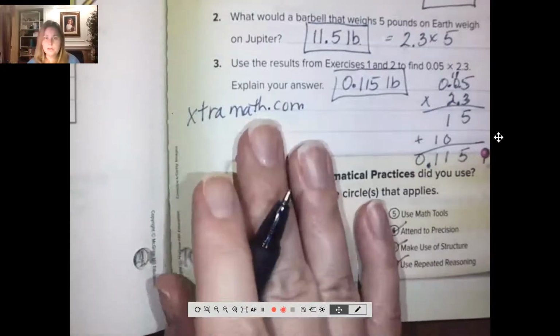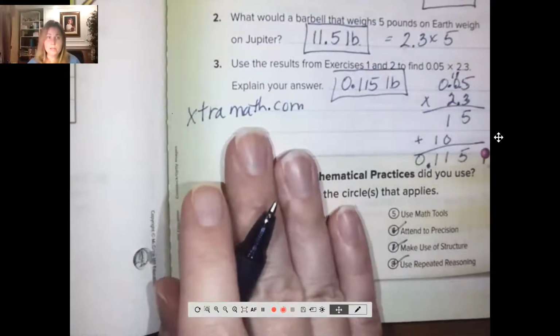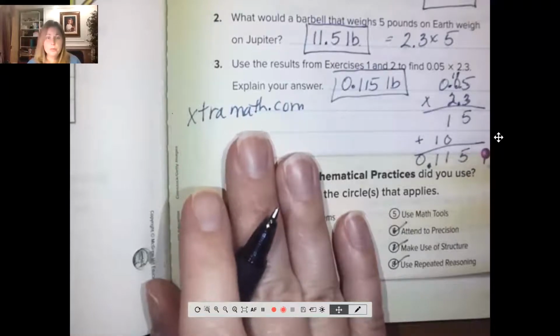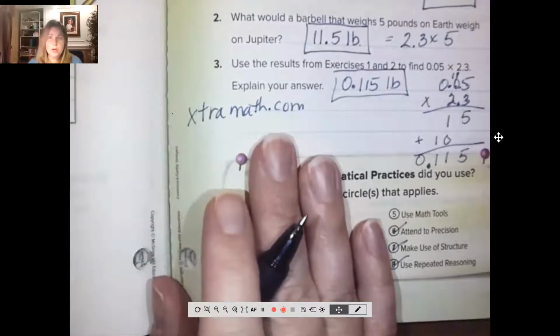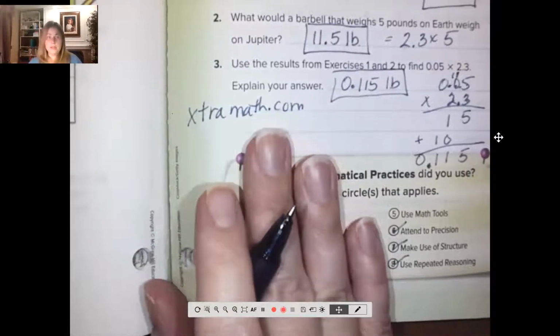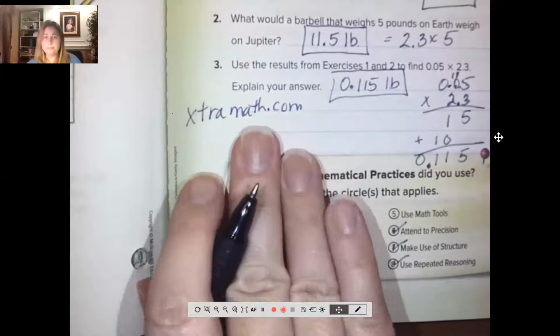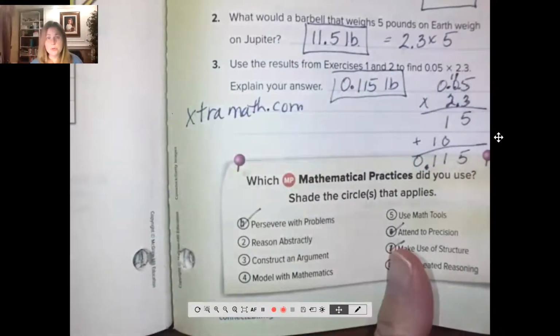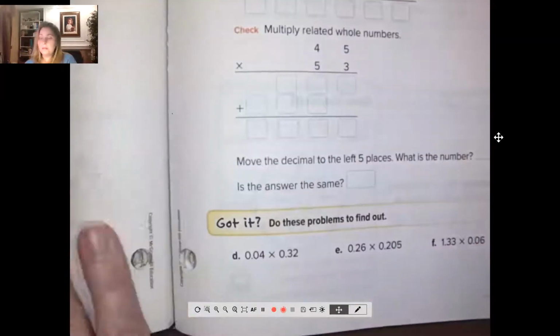So that's a nice, very straightforward, simple website. It's free if you use it on your computer or Chromebook, and I think if you do it on your tablet or phone, it's maybe $5 or something like that. So extramath.com is free on computers and Chromebooks if you just need to refresh your basic math facts.